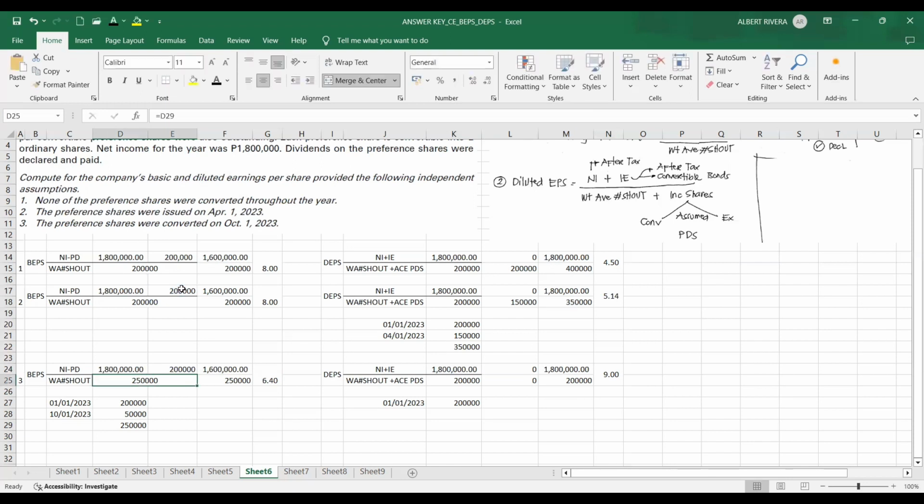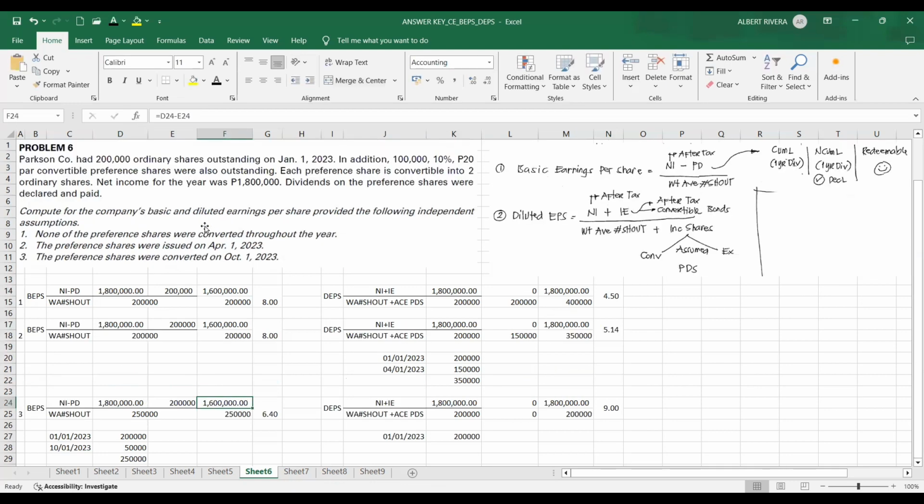Yan. Okay? Then, divided by the weighted average number of shares outstanding. There was then an actual conversion on October 1. So, mag-start ka ng 200,000 dito. 200,000 times 12 over 12.